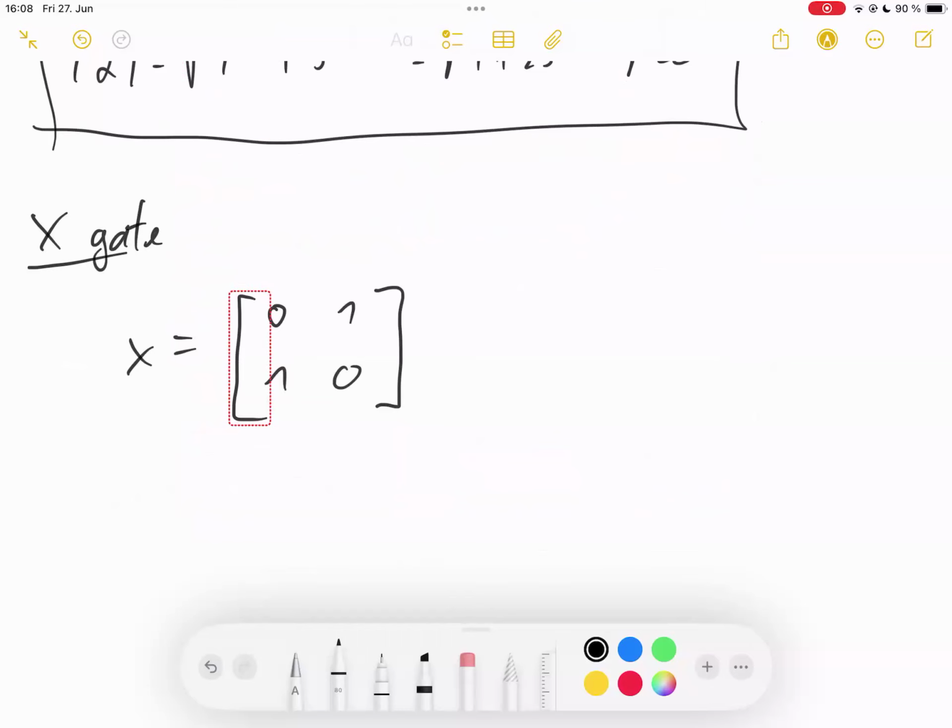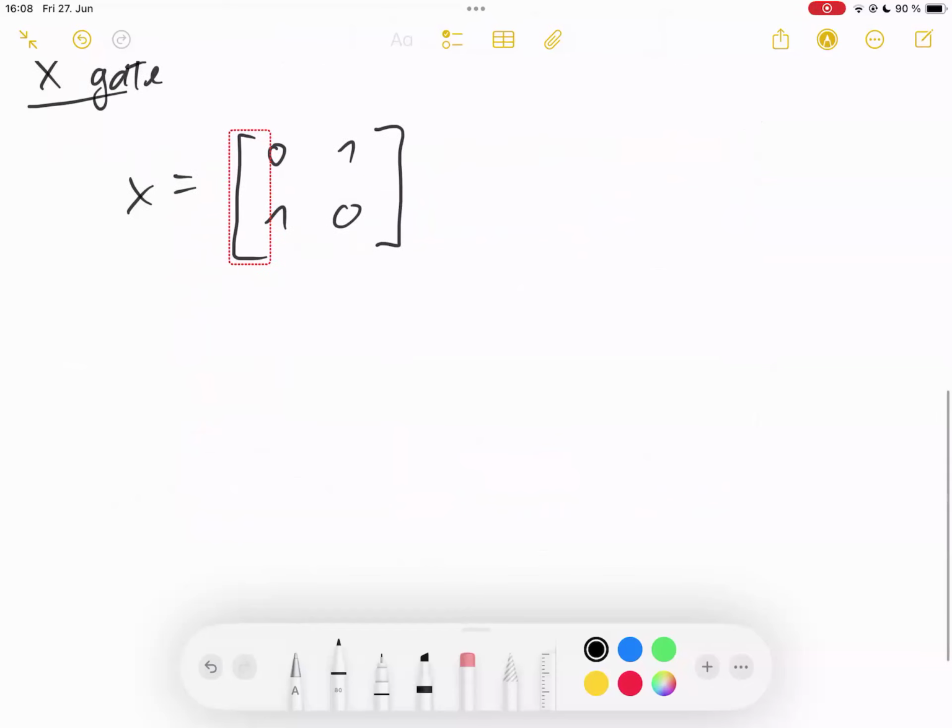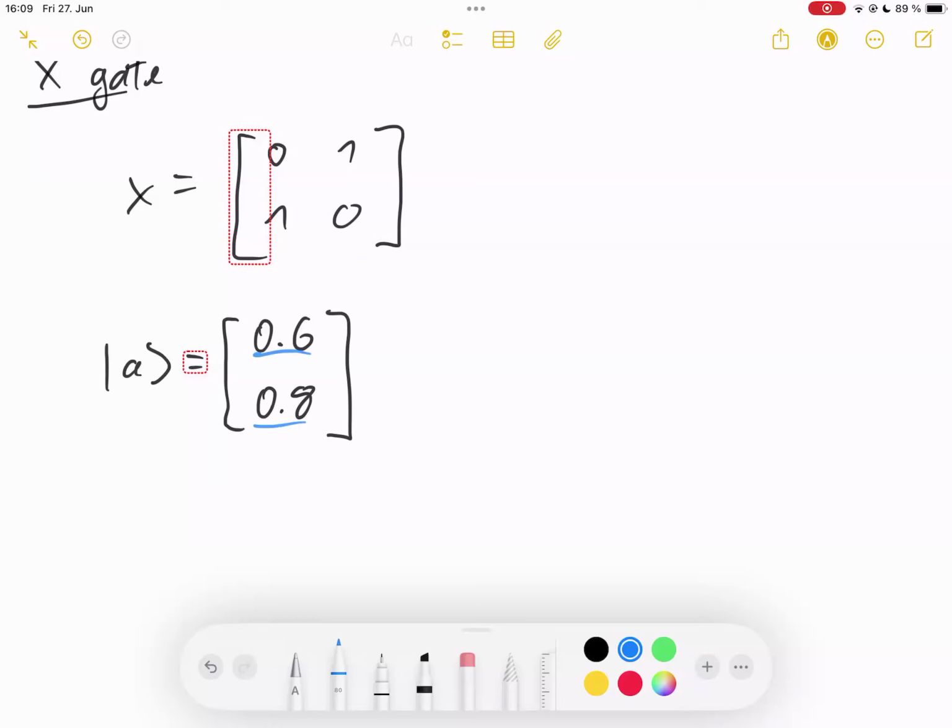And now we have a qubit, and say our qubit, which is |a⟩, we could say is something like 0.6 and 0.8. These are now not real numbers, but they are complex numbers, but they only have a real component, but they're still complex numbers.